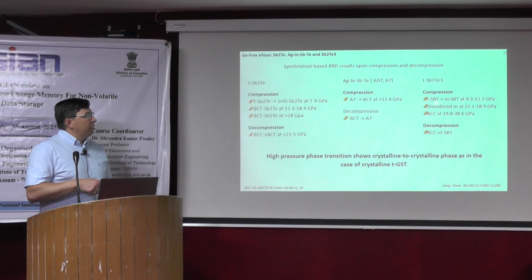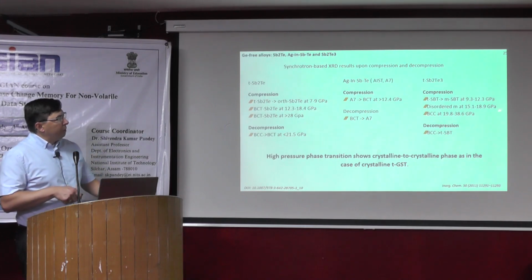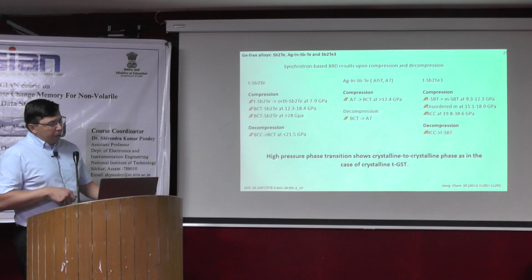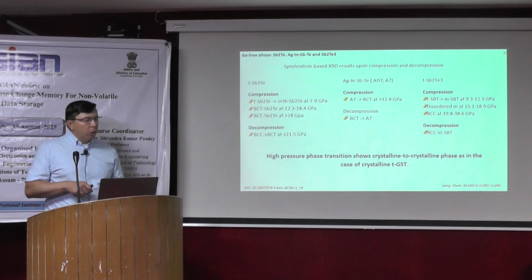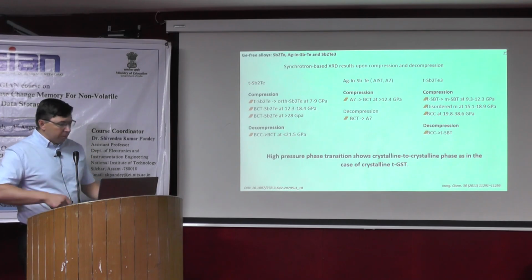Then there is a formation of a disordered monoclinic state at these pressures, and then this monoclinic phase transforms to the BCC phase, and then the BCC phase transforms again to the layered trigonal structure. So again there is somehow a memory effect in this system, but all these phases show this so-called memory effect and do not show the amorphization if they start from such layered structures.